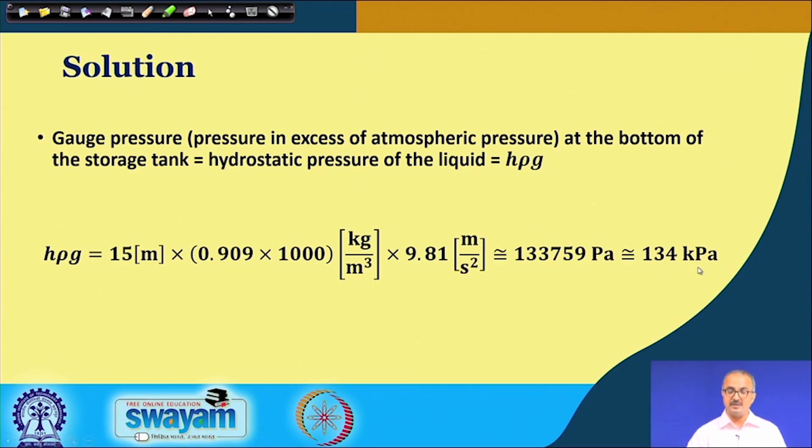That is, the gauge pressure is 134 kilopascal, and we know that the atmospheric pressure is about 101.3 kilopascal. So, the absolute pressure at the bottom of the column is 101 plus 134, which makes about 235 kilopascal. This is the absolute pressure at the bottom of the tank.